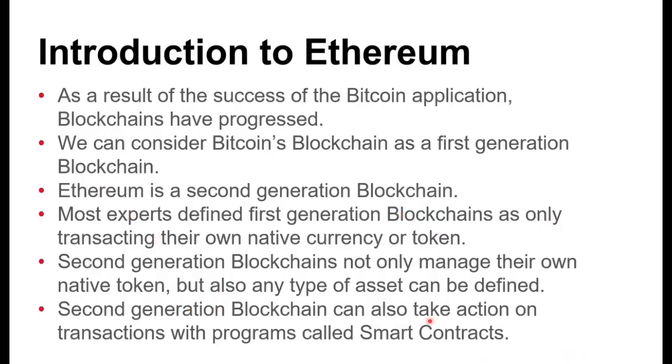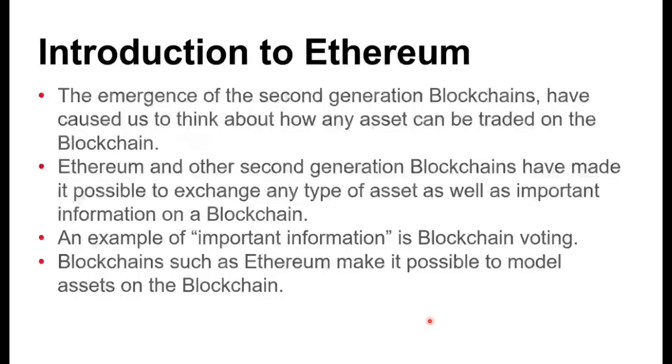Most experts define the first-generation blockchains as blockchains that only manage or only transact their own native token. So there are no distributed applications. There are no custom assets. Whereas second-generation blockchains not only manage their own native token, they can manage any type of asset, and they can also run applications called smart contracts.